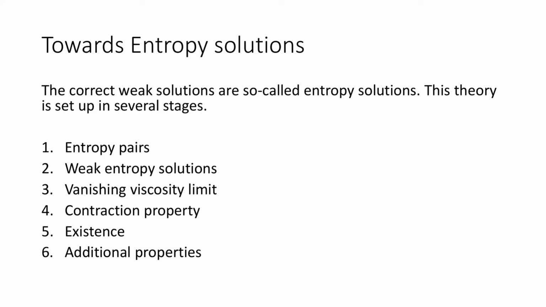Number three, we show that weak entropy solutions typically are the vanishing viscosity limits of conservation laws. Then fourth, we study the contraction property of entropy solutions, which will show us the uniqueness. In fact, we show that entropy solutions actually exist for all conservation laws. And finally, we study some additional properties of entropy solutions.